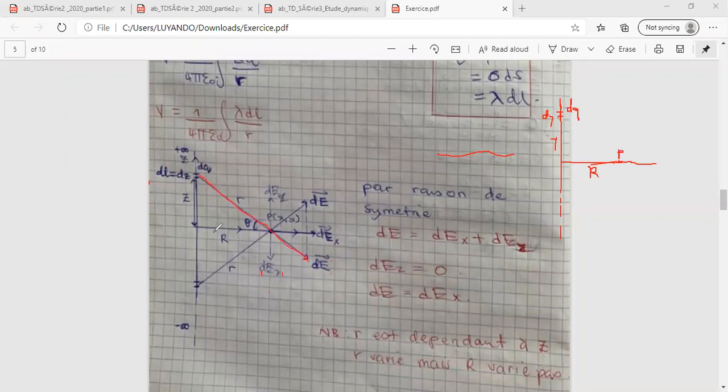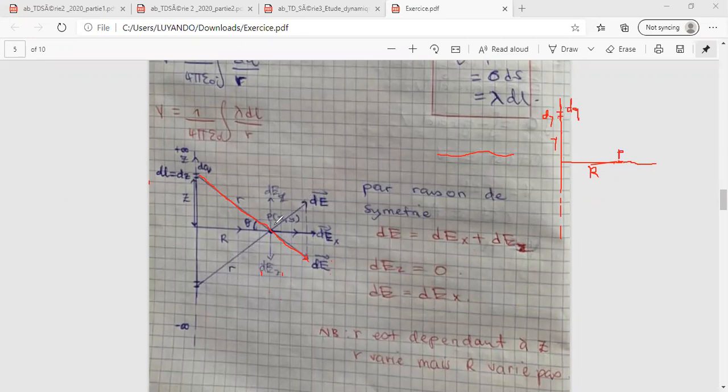The same thing applies: I choose a segment, just a part of that wire, with charge dQ, height dz, and distance z from the center. I draw the electric field vector between the point and the segment, and it's going to be in this direction.